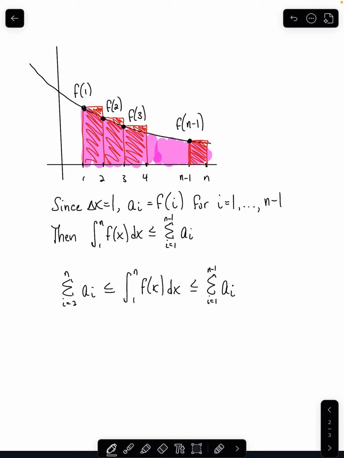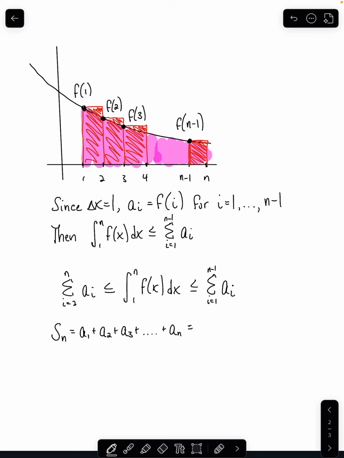Now, we're going to put this in terms of a partial sum, since each of these is currently a finite series, and the region is finite since it only goes up to n. It makes sense to say that S sub n is equal to a sub 1 plus a sub 2 plus a sub 3 all the way up to a sub n.